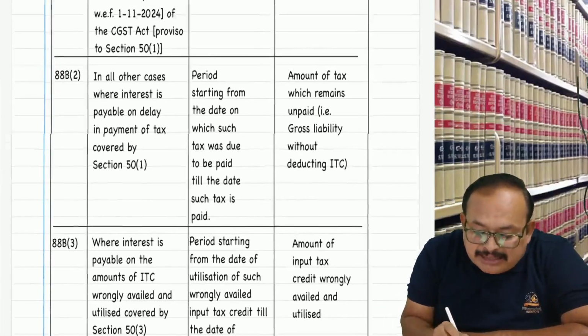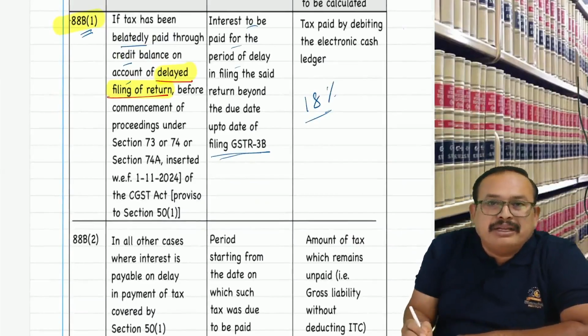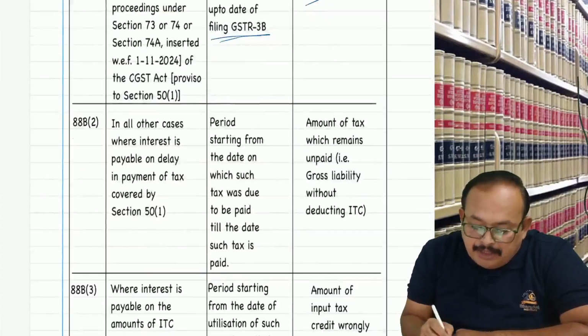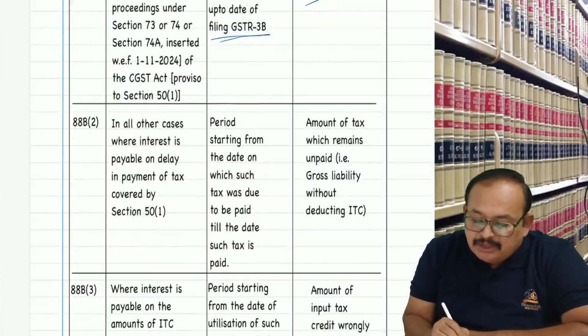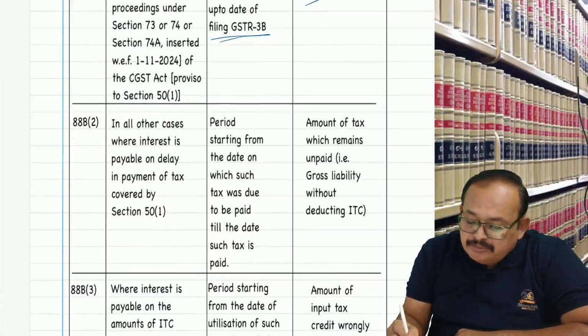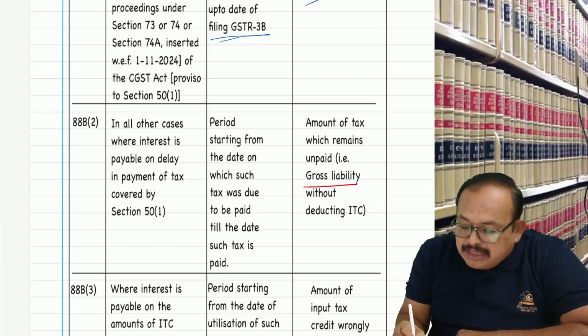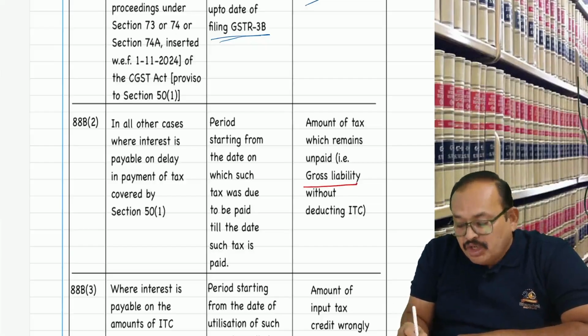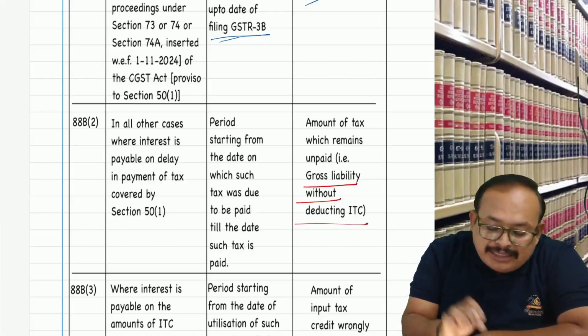In all other cases other than the B-related return, interest is payable on delayed payment of tax on the amount of tax which remains unpaid, the gross liability without deducting ITC. Why without deducting ITC?